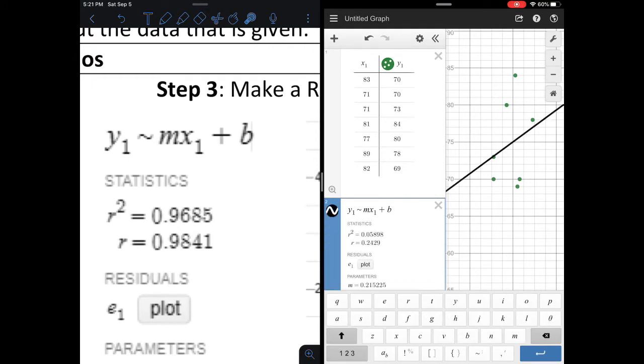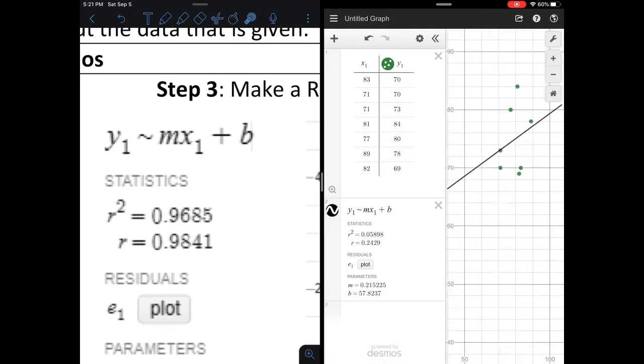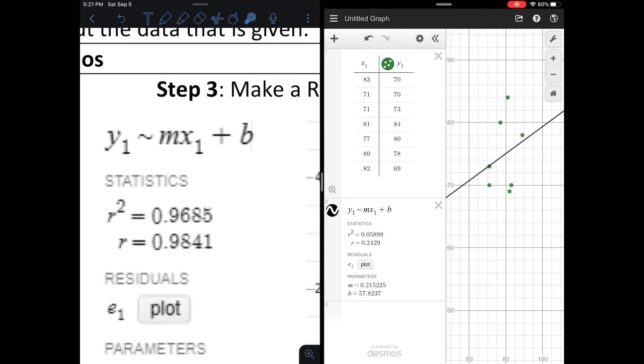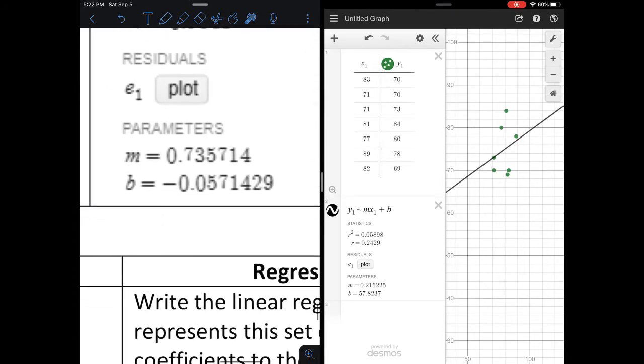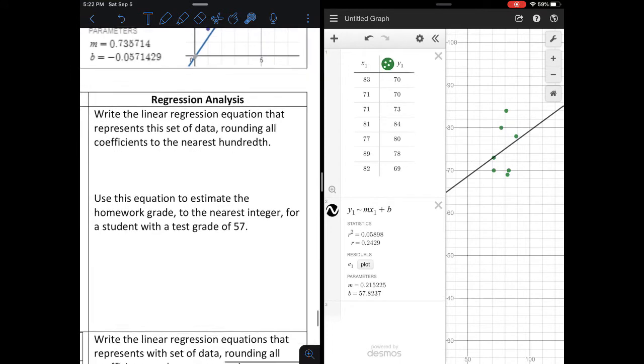What it gives us is a line for that data that is supposed to represent that data. Now we see that that line didn't do a very good job of representing that data. However, that was what the regression analysis gave us, and so that's what we're going to use.